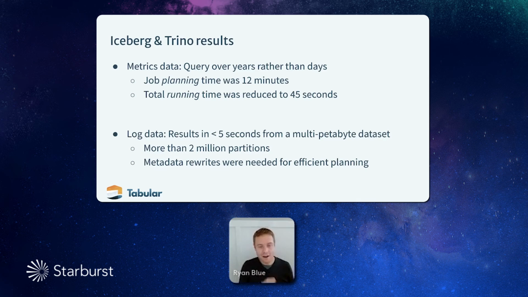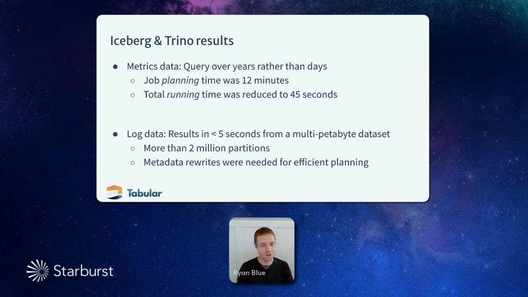Okay, and then the other thing I want to mention is, with metadata rewrites aside, we had this metrics data, and this was one of our very early use cases. We were only able to query it for a matter of days because it was a huge data set. When we looked at a query over several days, the job planning time was 12 minutes.